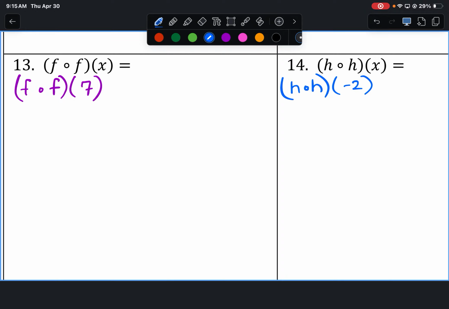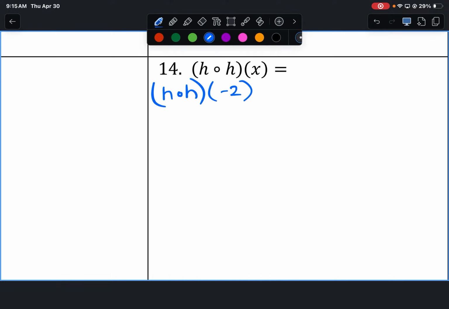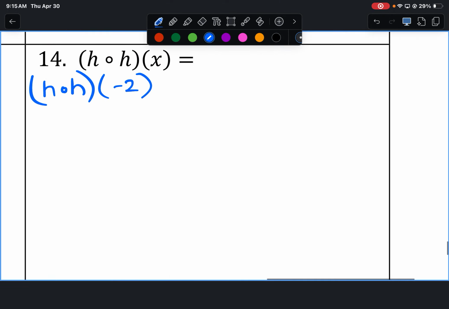Okay, we're going to work number 14 together, though. So for number 14, what method do y'all want to do? We've done one with method 1, one with method 2. Which one do y'all want to do this time? Method 2? We'll do 2. All right, so we have this is equal to h of h of negative 2. So we're going to start with evaluating this inside part.